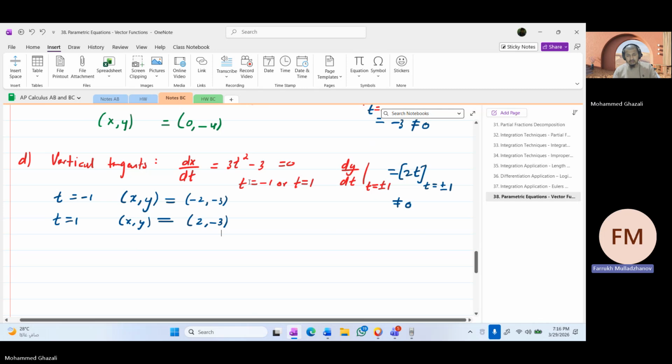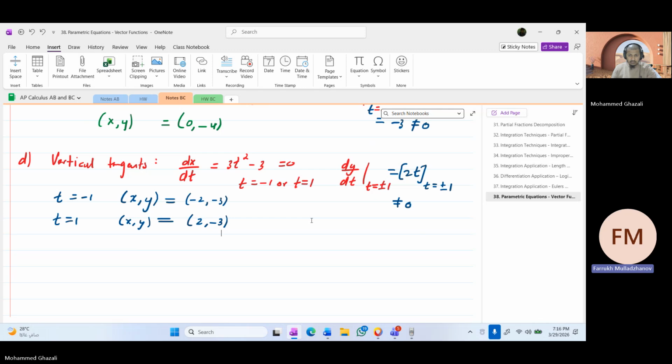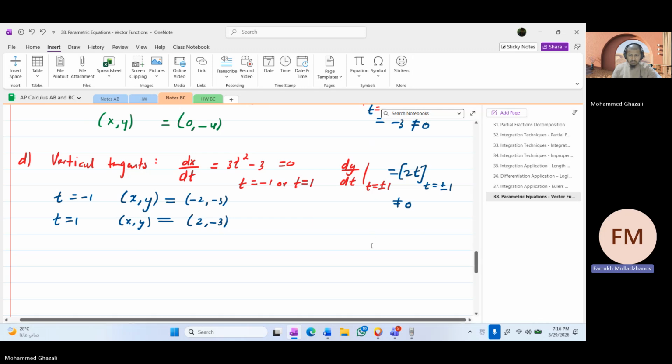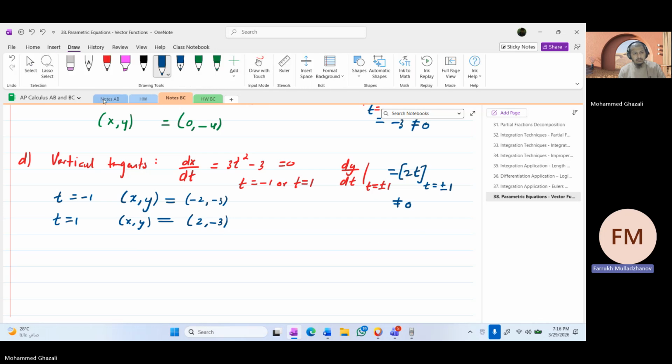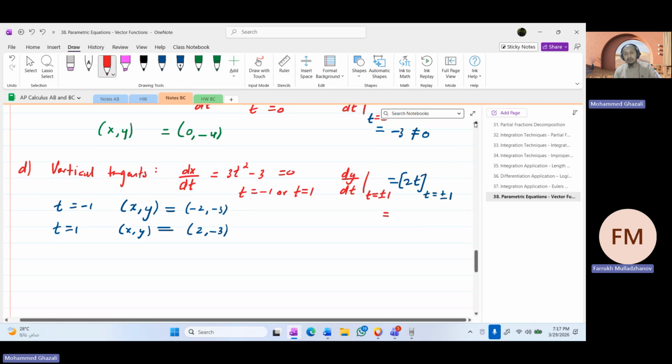Okay. So if, for example, our dy over dt were 2t minus 2, it means that at positive 1 it would be incorrect because 2t minus 2 would be 0. If the positive one gives us 0, but the negative one does not, in that case it's also incorrect.